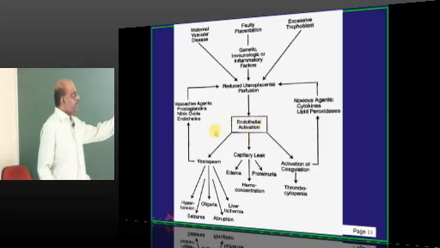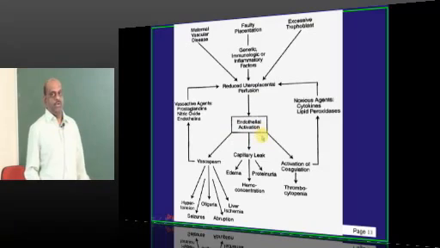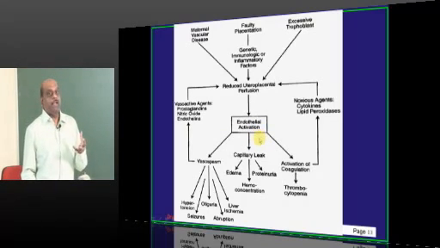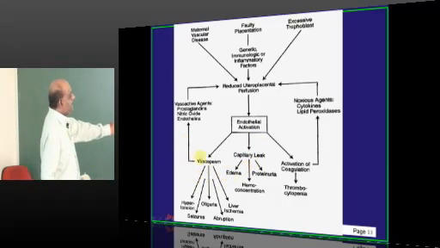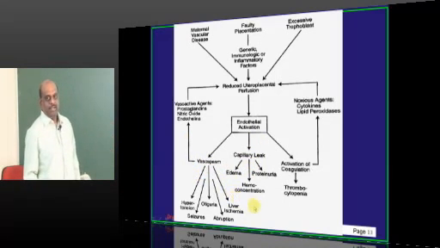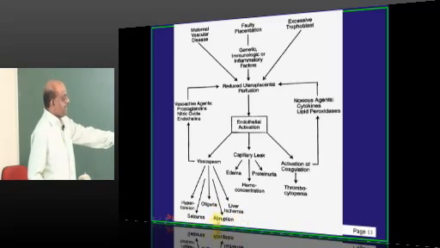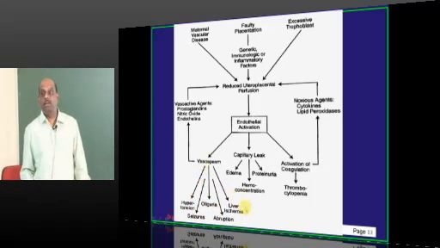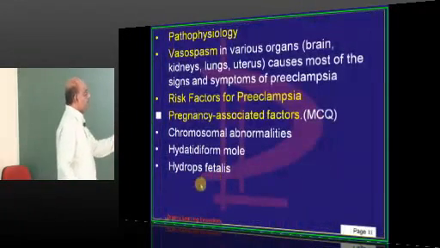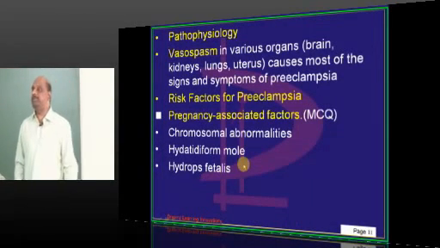The reduced perfusion will lead to endothelial activation. You know, endothelium is a powerful chemical bomb. It will release the mediators which in turn will lead to the development of the vasospasm, which leads to all the problems like liver ischemia, abruptio, oliguria, seizures, hypertension, blah blah blah, is what you need to understand. So doctor, what are the risk factors of preeclampsia?